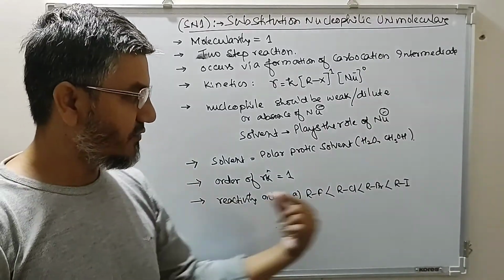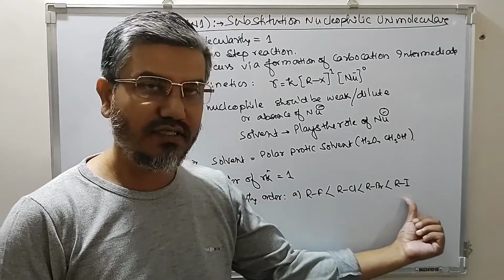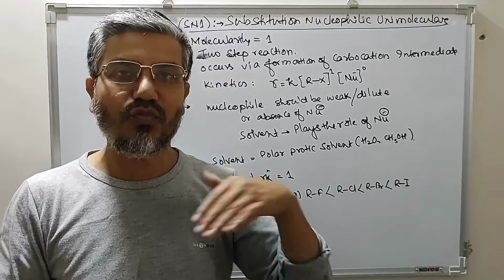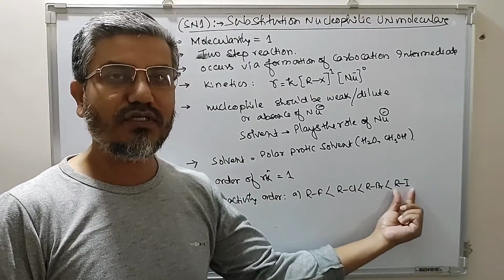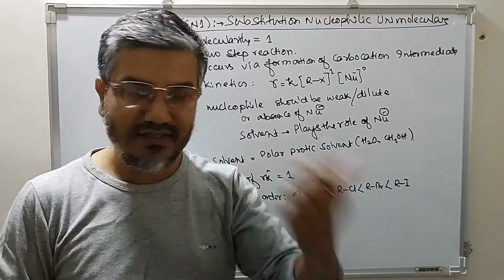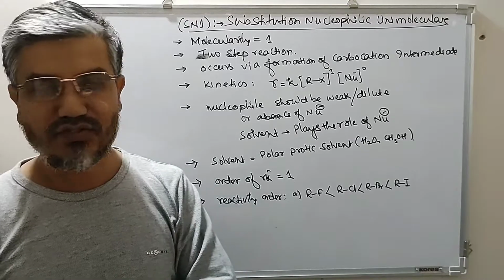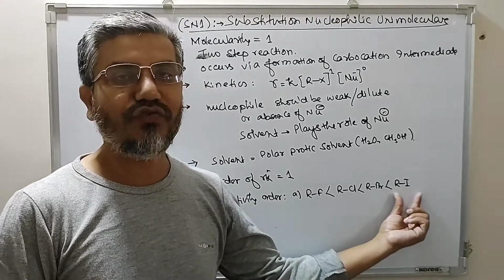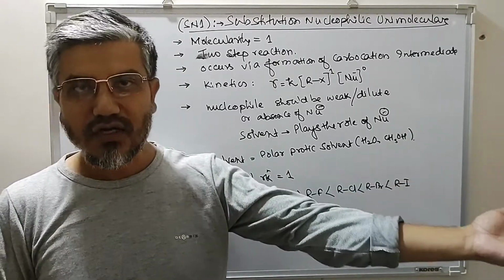So carbocation formation means the R-X bond should be a weaker bond. So in case of different halogens, as the size of halogen increases, bond length increases, bond strength decreases. So breaking of the R-I bond requires the least energy, whereas R-F bond breaking requires a higher energy. So R-I being the weaker bond can easily cleave, resulting in the formation of carbocation.